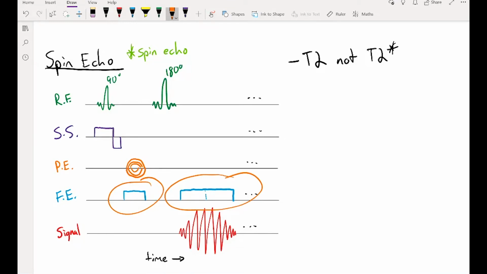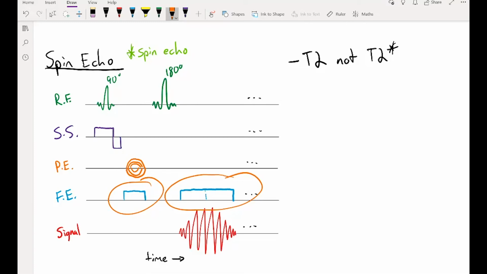Now, the reason that we can do this is because, again, with that 180-degree pulse, everything gets reversed, it gets turned on its head, and then the positive frequency encoding gradient helps those signals to rephase. It reverses the effects of the first positive frequency encoding gradient.